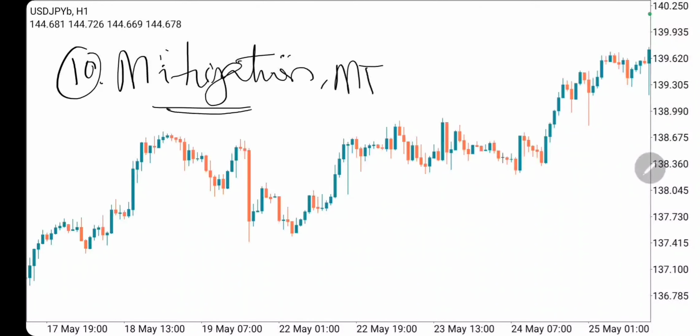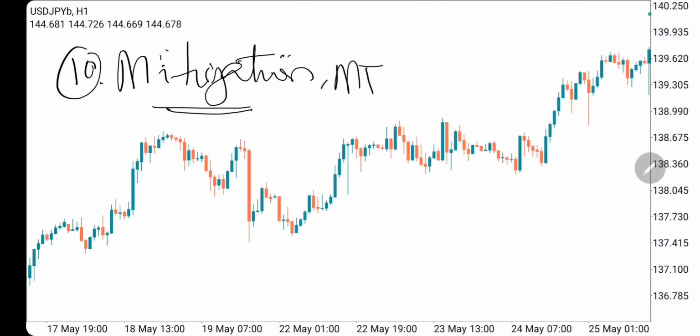All right, when we call ourselves smart money traders or demand and supply traders, we do not have the large funds needed to be actually called institutional traders, because we trade with a lesser amount of money.